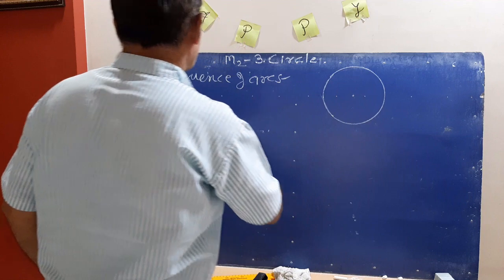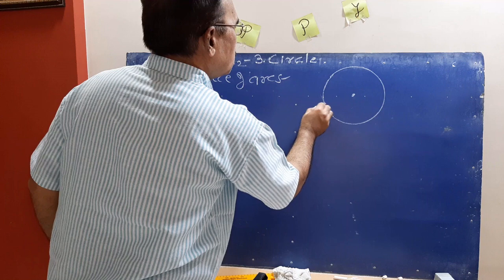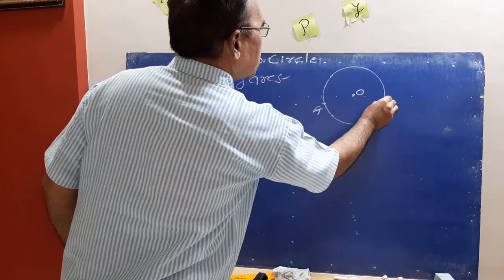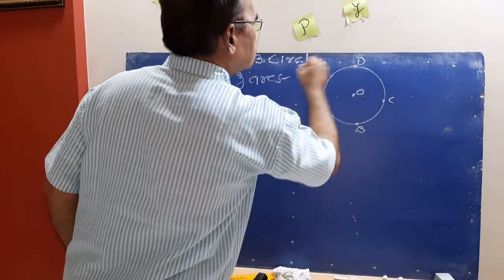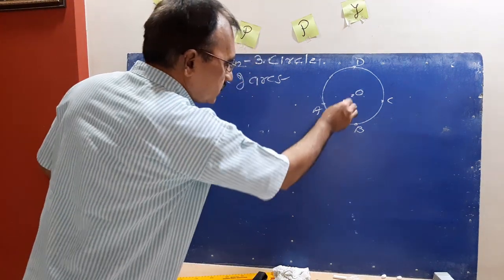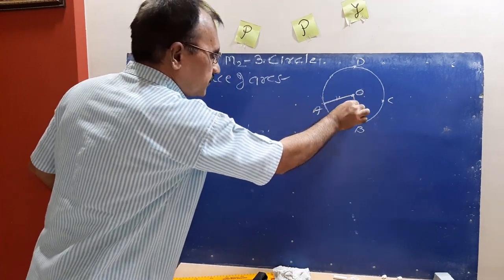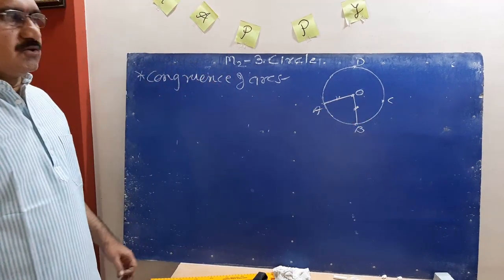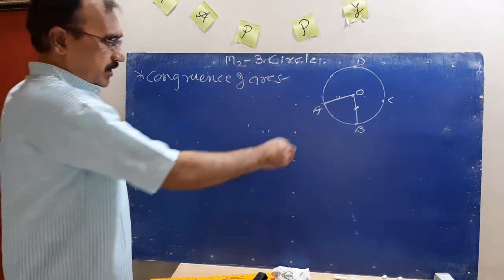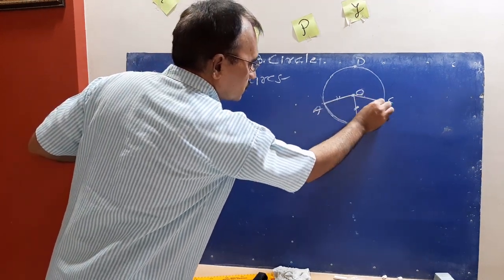Take center. Suppose this is center O, and the points lie on the circumference of the circle. Congruence of arcs: you know the radii of all circles are equal in the same circle. If radii are equal and measures of arcs are equal, then these two arcs are congruent.